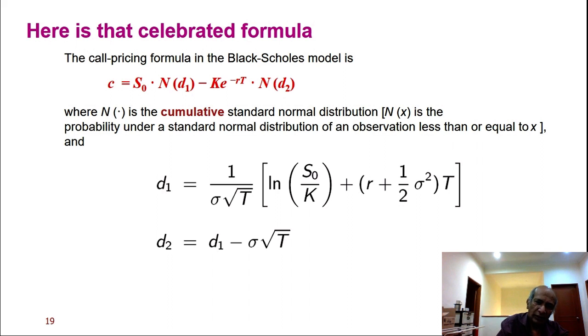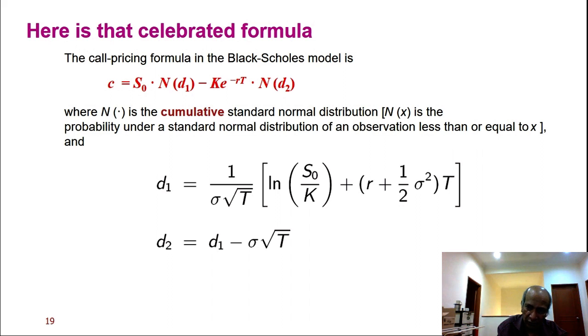And look at the d1. Of course, you can express it in many ways. d1 is 1 divided by sigma square root of time T, times the natural log of the current price over the strike price, S0 over K, plus the risk-free return plus 1 over 2 sigma squared, the entire thing times the time.